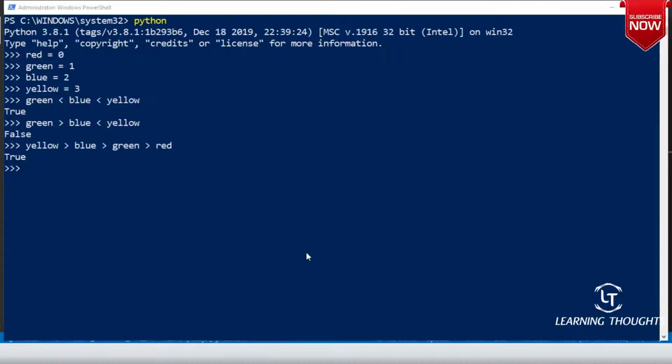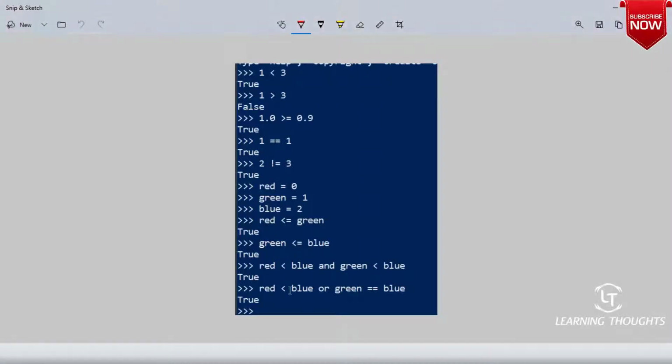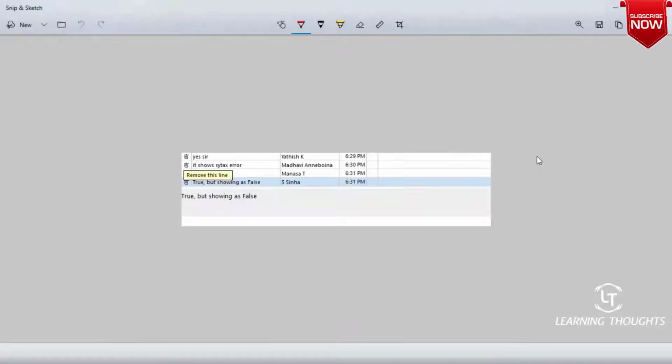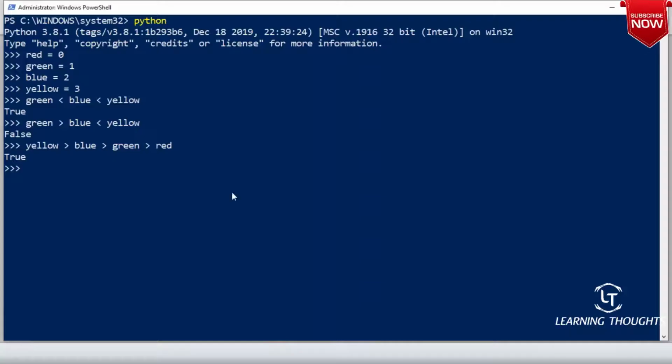What is true and showing false here? Just evaluate yourself. Am I clear on this? You can use less than, greater than. Right. So is this interesting now?